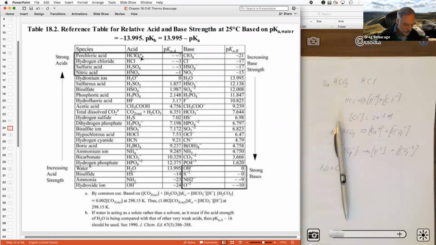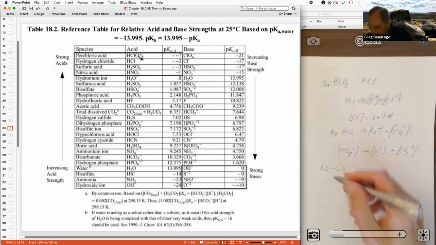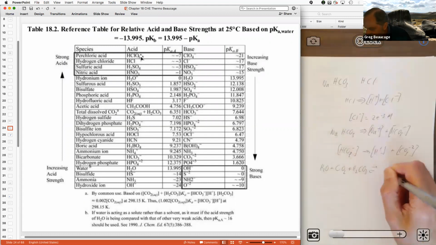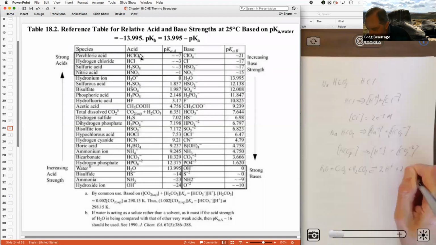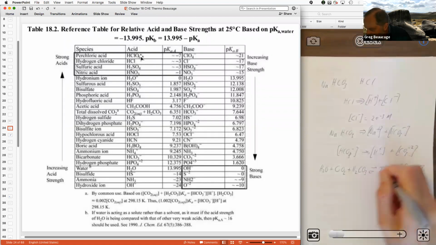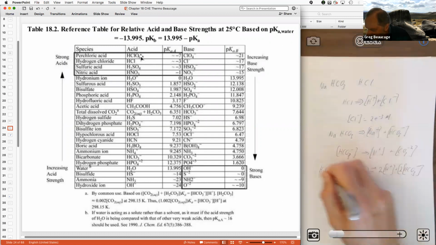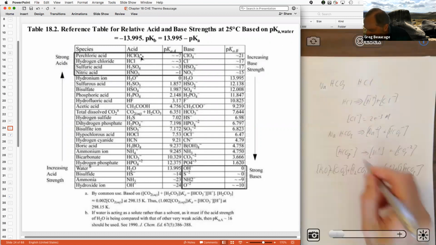Here you have H2O, CO2, H2CO3 goes to 2H plus 2HCO3 minus. I'll just make these concentrations, so you can have one symbol.